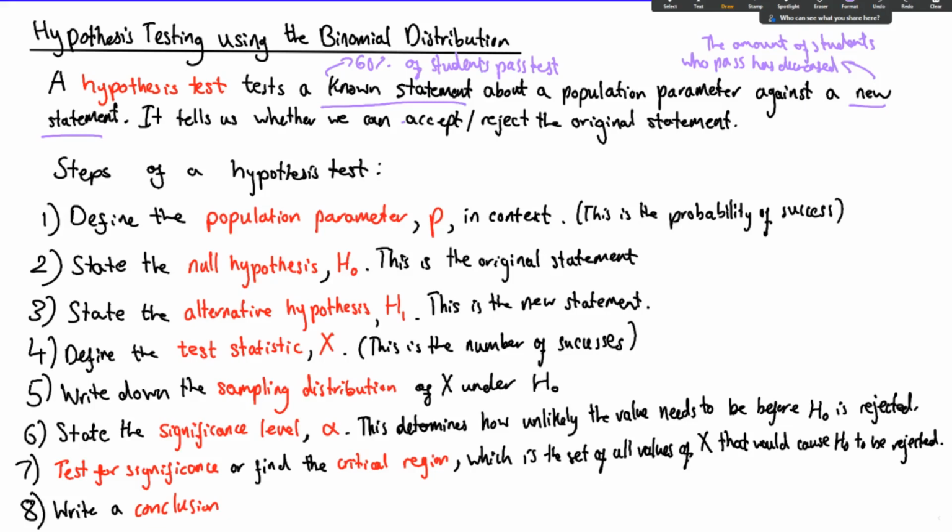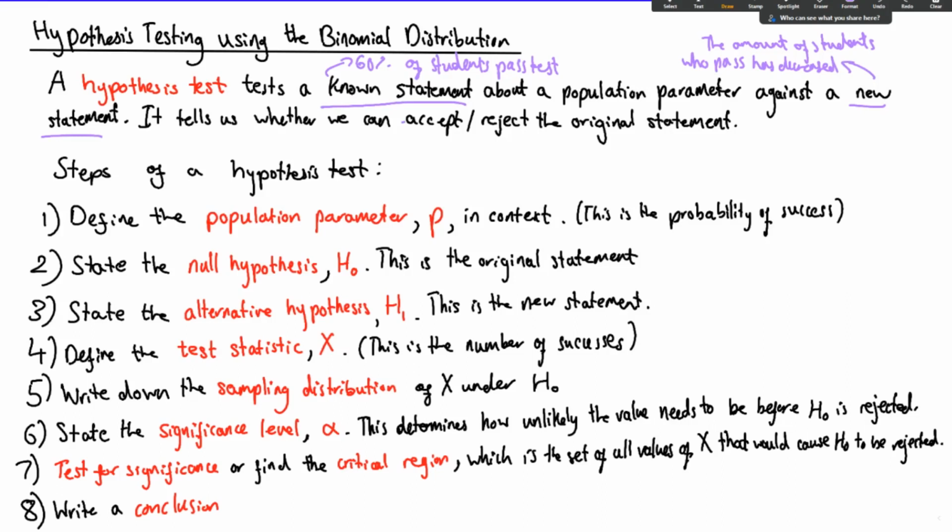This determines how unlikely the value needs to be before H0 is rejected. In other words, if it's something like 5%, then it has to be less than 5%. The probability of this occurring has to be less than 5% for us to reject our null hypothesis.